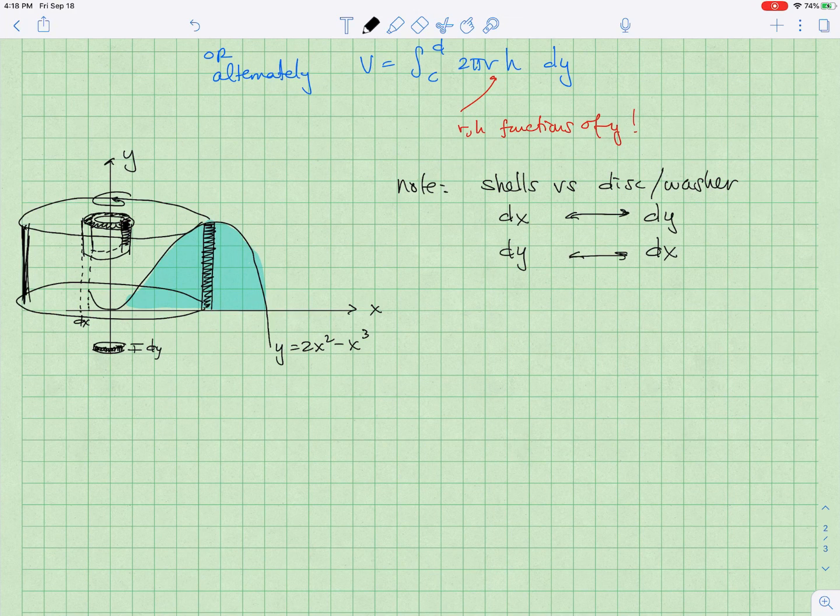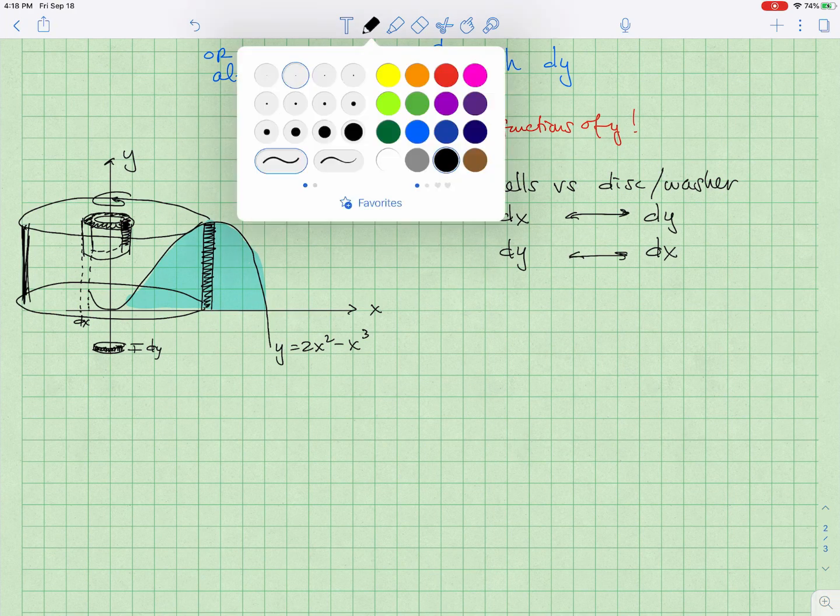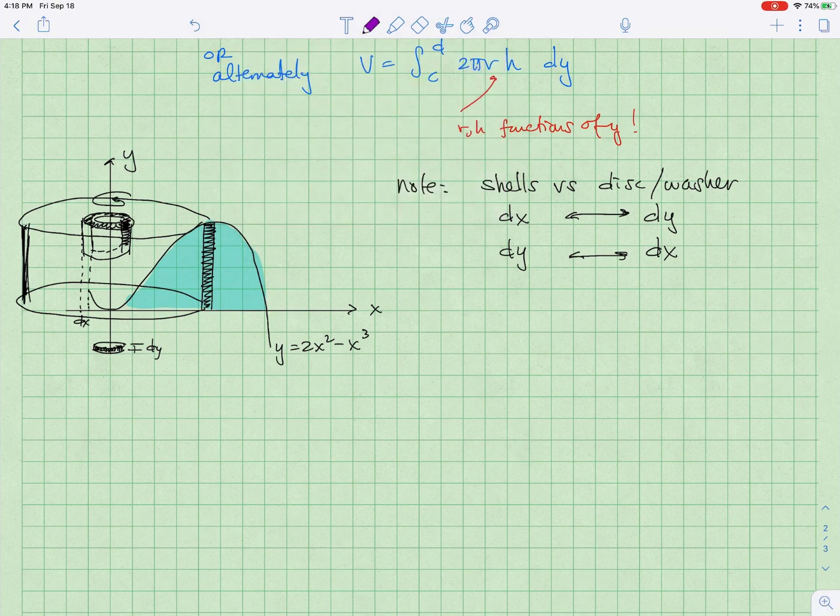So let's talk about what our dimensions are. In this particular case, the height of the shell is the function f of x, which is 2x squared minus x cubed. The radius of the cylinder is measured from the axis of rotation, this time out to the shell wall. Now, this is where it gets confusing for some students. That radius r is not from the axis of rotation over to the left side of the curve, or over to the right side of the curve.